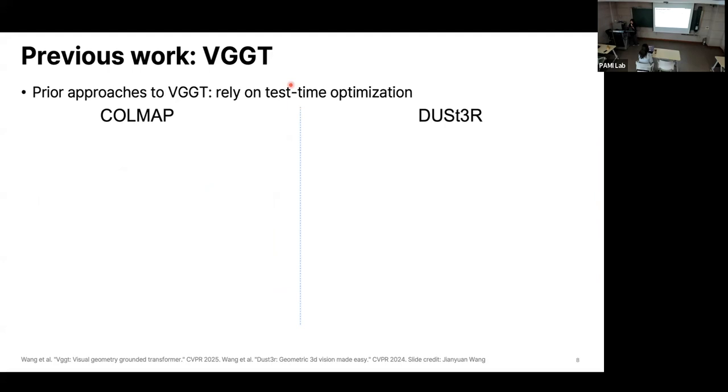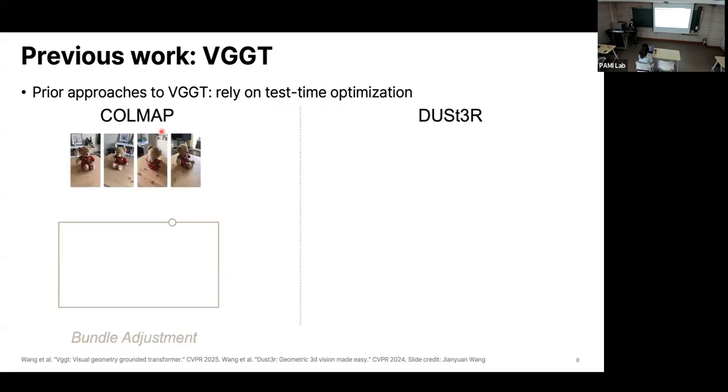Classical reconstruction methods also rely on test-time optimization. For instance, COLMAP incrementally registers images while repeatedly finding 2D correspondences and performing bundle adjustment.